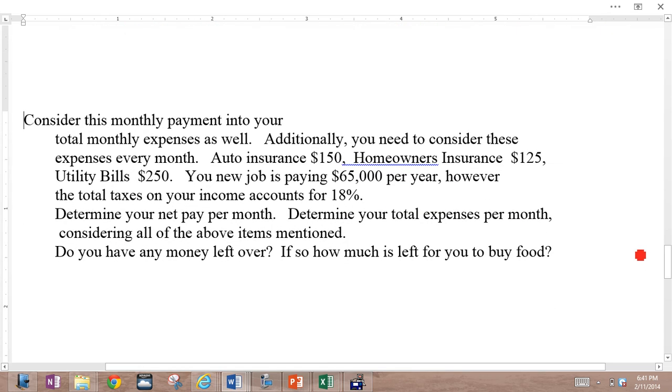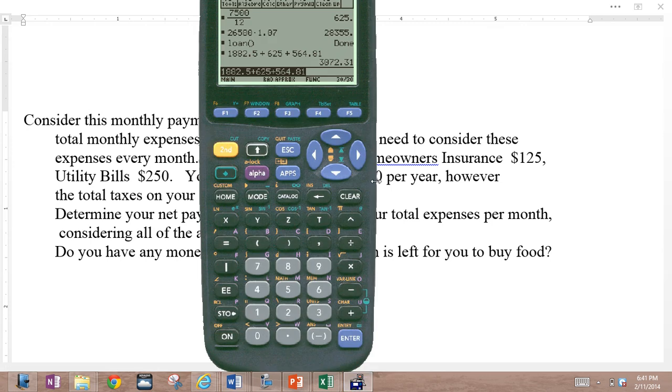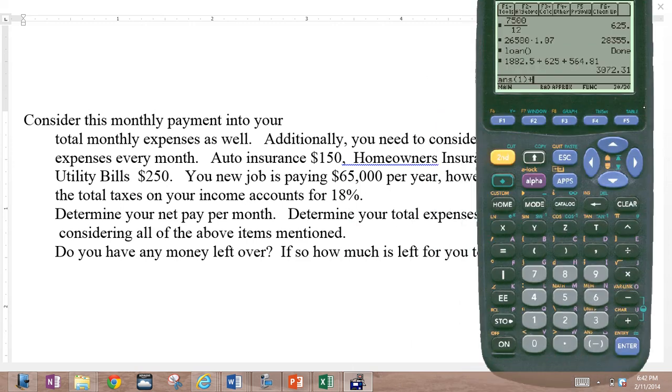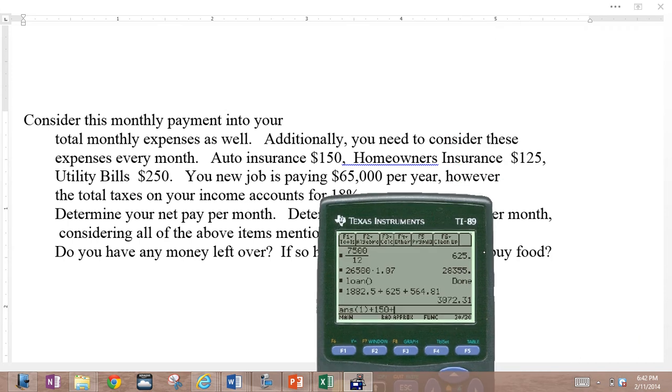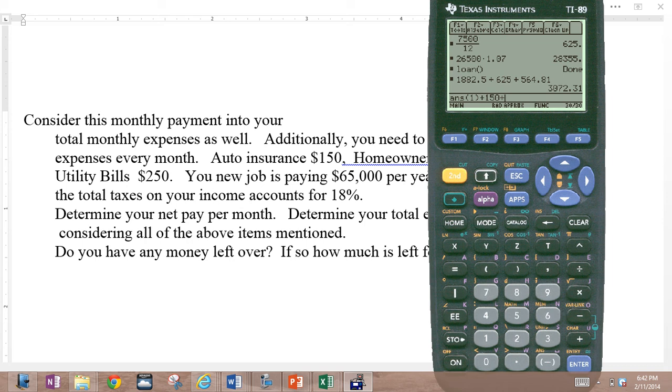All right. So plus, what are our expenses? Plus, what do we got? Auto insurance, another 150. Plus, it says homeowners insurance is 125. Plus the utilities, okay, is 250.